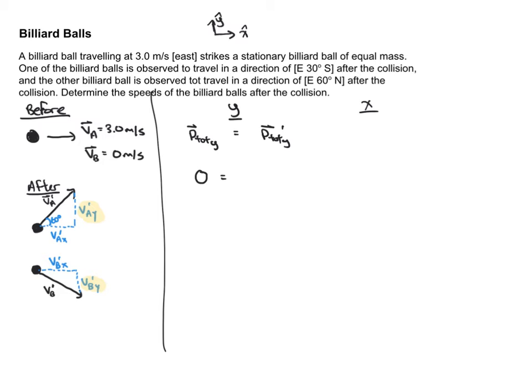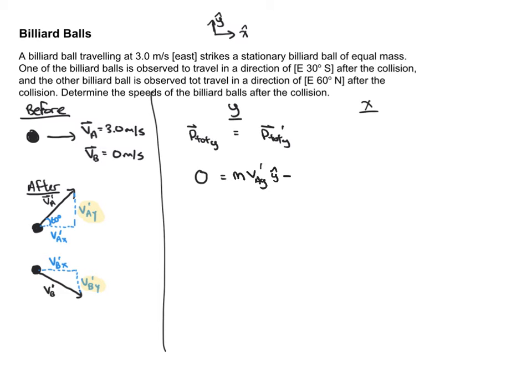So what I'll first do is I'll say that 0 has to equal ball A's, I forgot the mass there. Momentum is mass times velocity, so mass times ball A velocity in the y direction. And that's ball A is going north, so it's in the positive y direction.